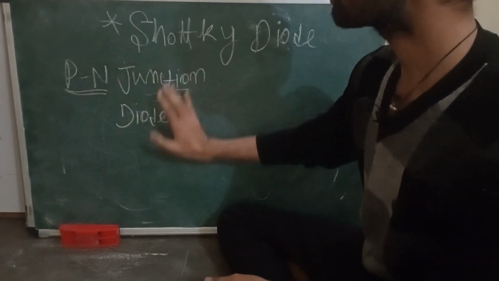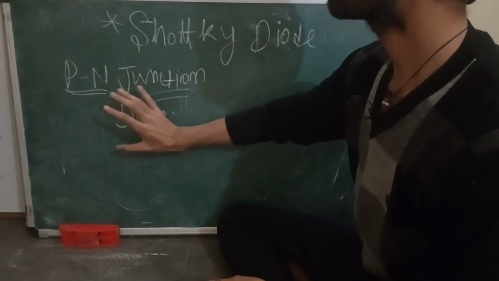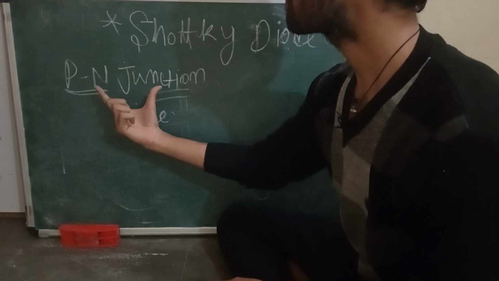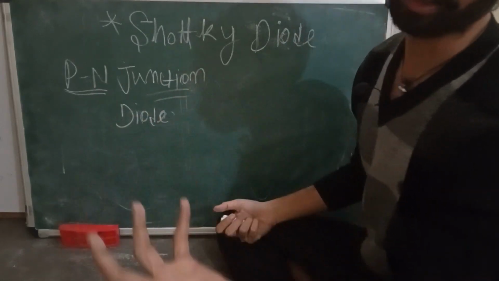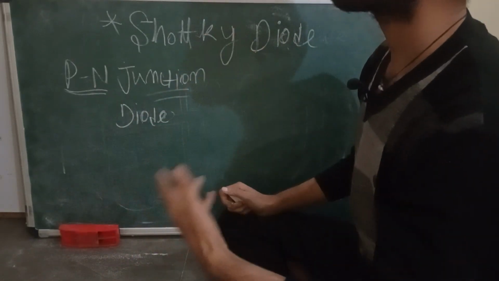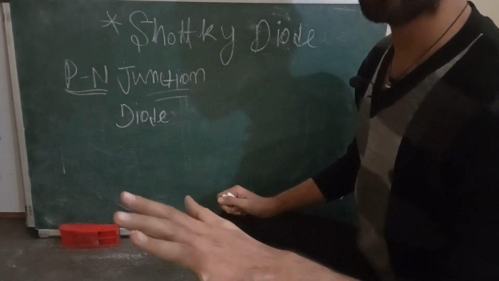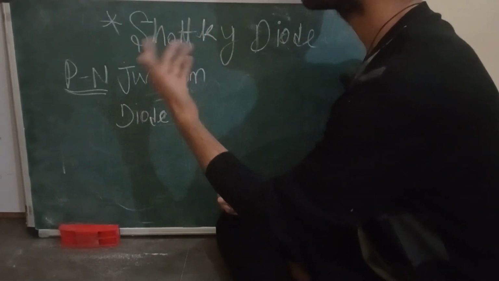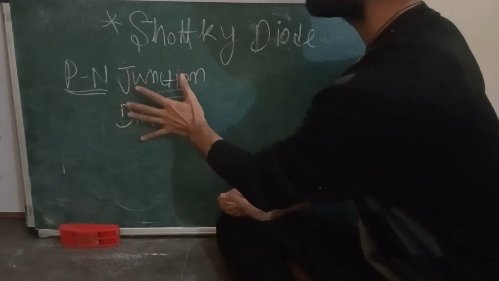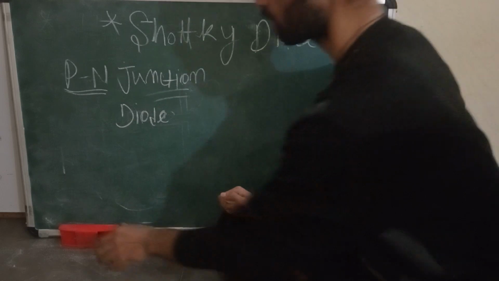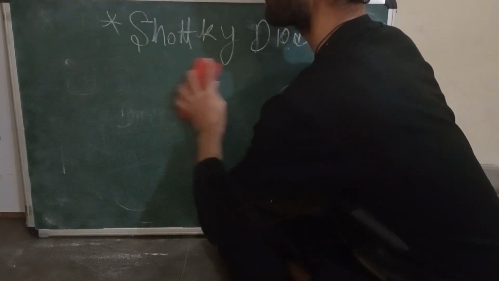But as we go to high frequency signals, the PN junction diode is unable to rectify. It will not work as a rectifier for high frequency signals, and its switching speed is also very low as compared to the Schottky diode. But in the Schottky diode we do not get that problem.